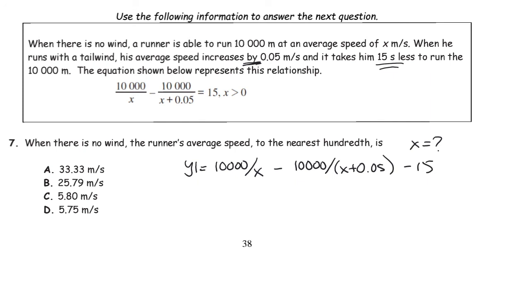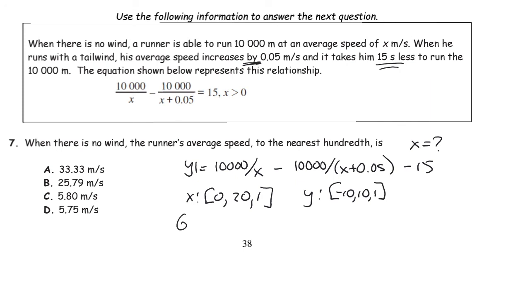We're talking about meters per second. Someone's running, so it can't be all that big. I would make my window settings x from 0 to, let's say, 20, going up by ones. For my y, I'm looking for the x-intercept, so I can just leave it as -10, 10, 1. As long as I've got that x-axis in the center, I'm good.